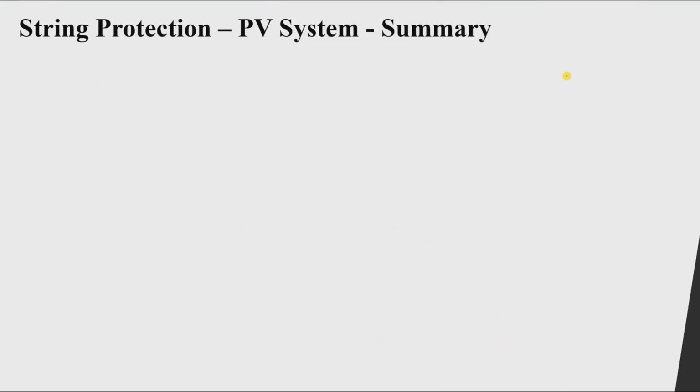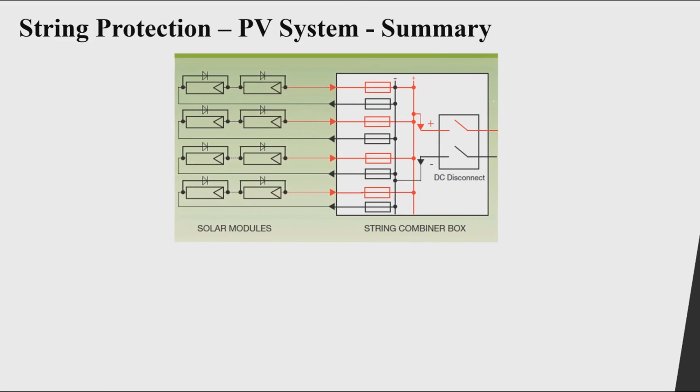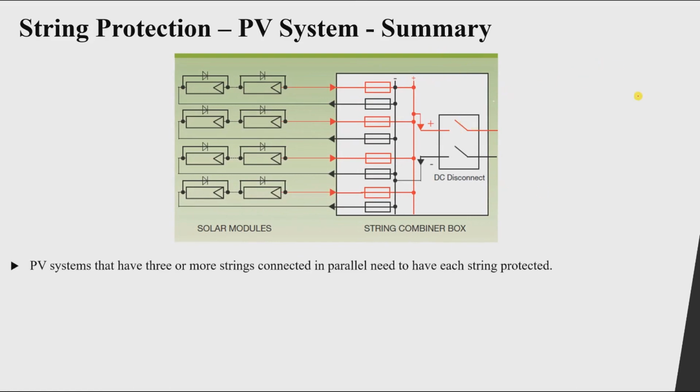Let's have a summary of what we just explained in the previous slides. Number 1, if a PV system has 3 or more strings connected in parallel, we need to have each string protected. We need a fuse for each string.